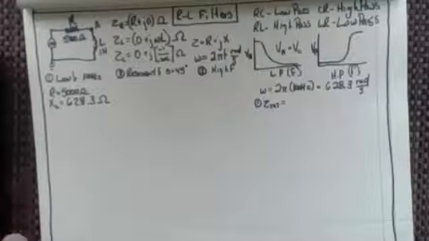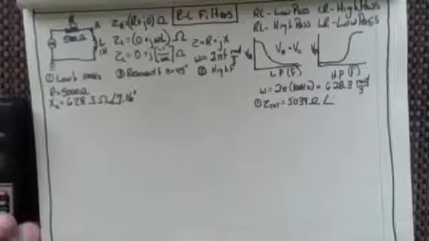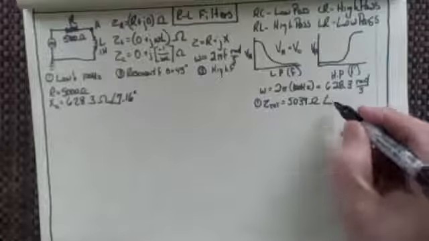How do we find the angle? It's the inverse tangent of the reactance over the resistance. So 628.3 divided by 5,000, and then take the inverse tangent of that, gives me 7.16 degrees.